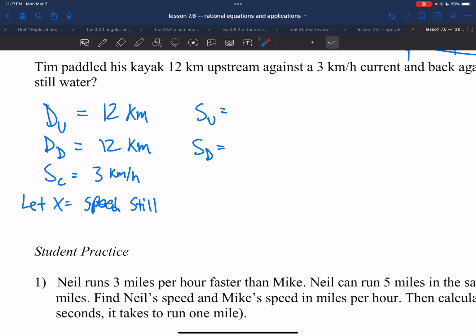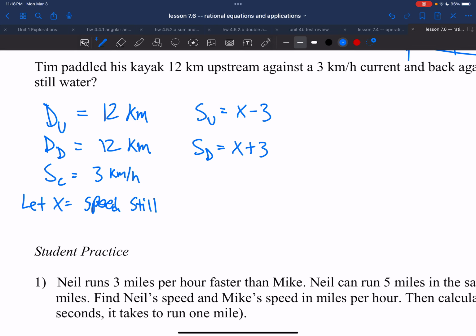Since the current is 3 kilometers an hour and the speed he's rowing at is x, downstream it's x plus 3. But if he's going upstream, he's working against it, so the 3 kilometers an hour takes away from x, getting you x minus 3. So already I've created expressions representing distance and speed.